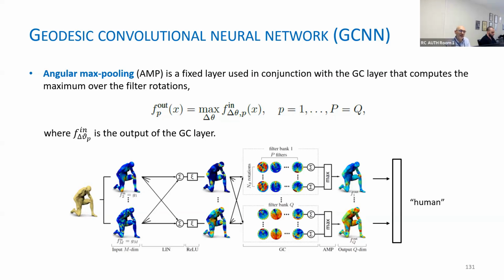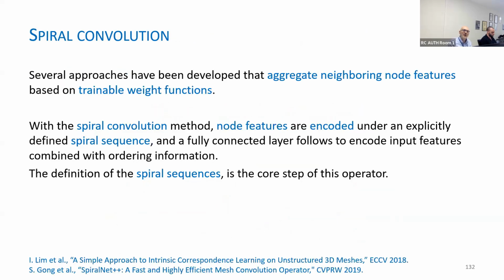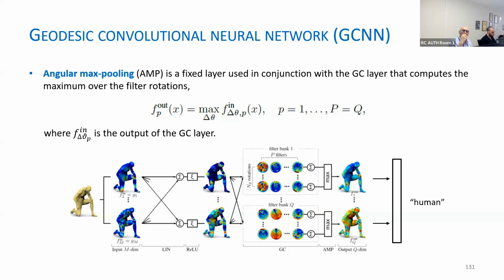So this is more or less the solution. There are some other details in the paper, but I think the interesting idea here is another proposal of a way to perform convolution on a general surface.